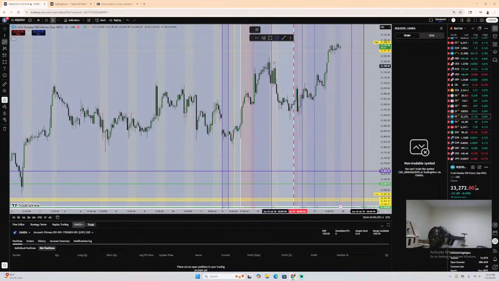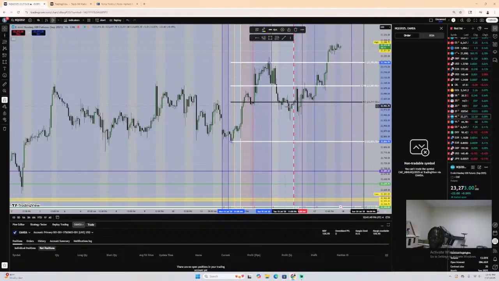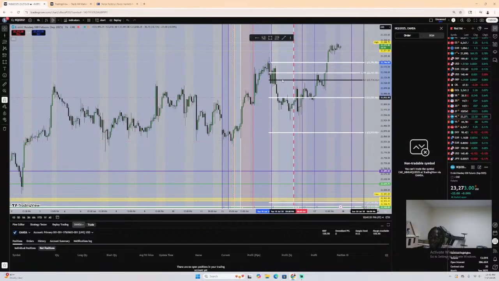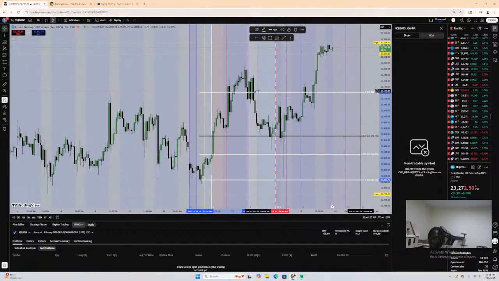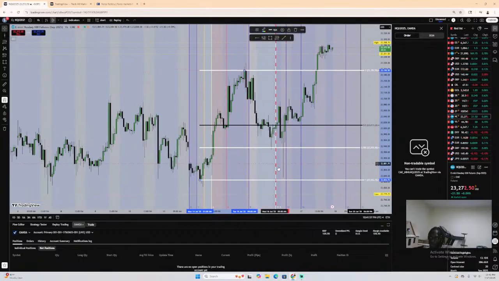Because if you mark out from here to the low, what do you see? Midpoint. You know what I'm saying? You can flip it the other way as well. Trade it from down here to up here. Midpoint.